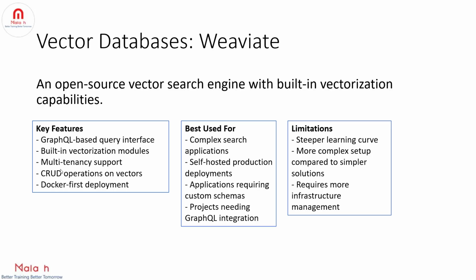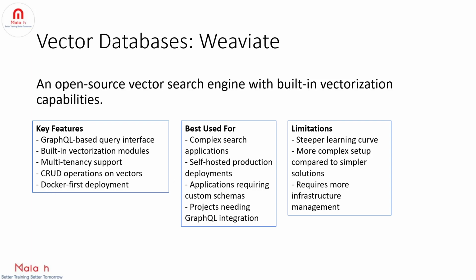That means that a single instance of the software will support infrastructure that can serve multiple customers. So that is multi-tenancy support. And CRUD, create, read, update and delete, so you can perform all these operations on vectors, and it has Docker first deployment.